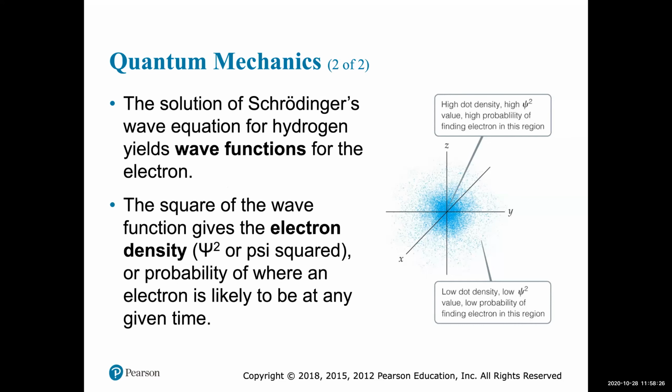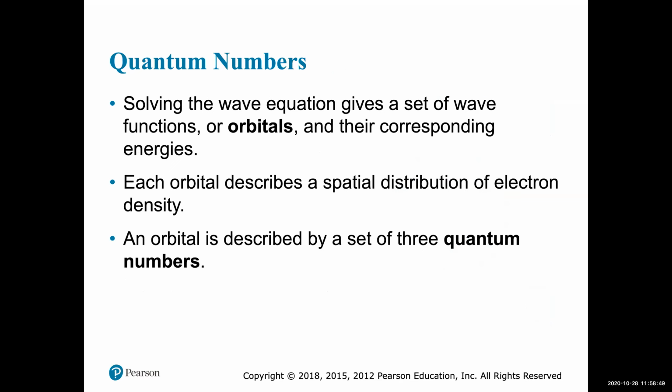As I said, Schrodinger did these calculations, wave functions. The wave function is typically squared. That's the psi squared, the little pitchfork looking thing with the 2. And that gives us those electron density maps, which we have on the right here, and which tells us the probability of where that electron can be at any one time.